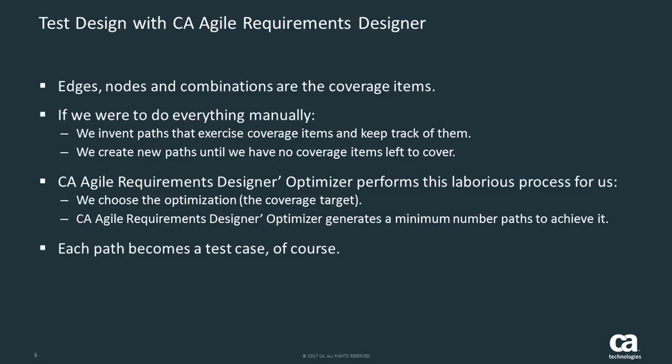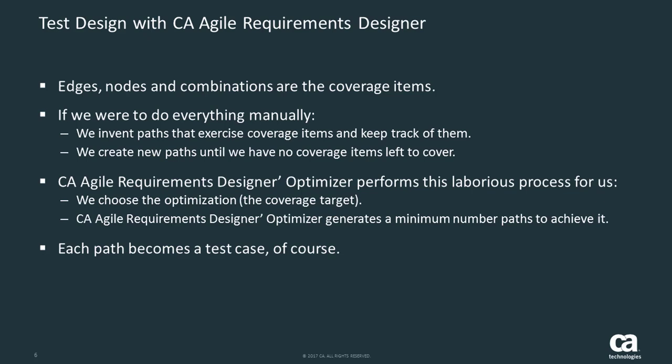Now, edges, nodes, and combinations of edges, for example, are what I would call coverage items. These are the things that you actually count. So when you set a target for a number of edges, nodes, or combinations. Now, if we were to do all this manually, with pencil and paper perhaps, we'd invent paths that exercise the coverage items and just keep track of them, make a note, and keep creating new paths until we have no coverage items left to cover.